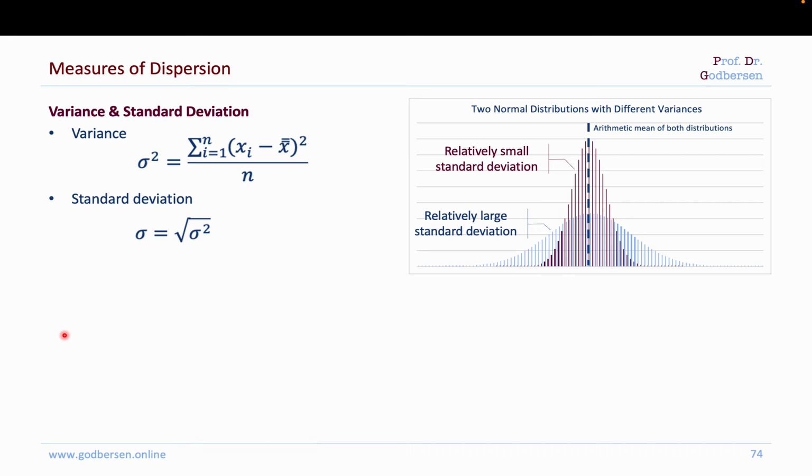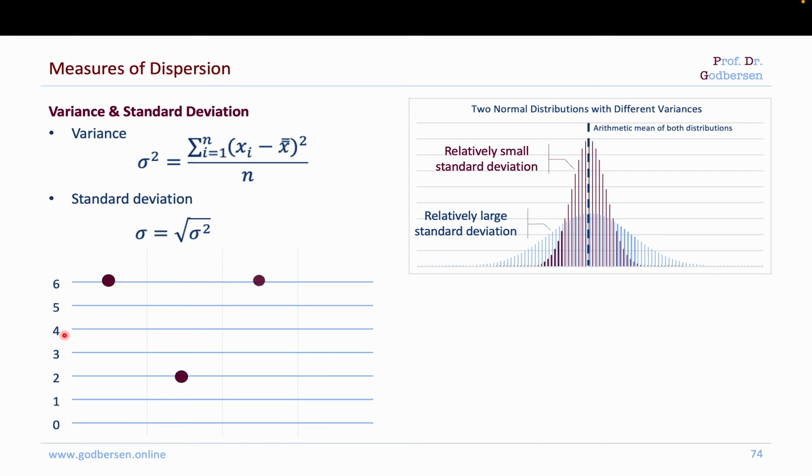Let me give you another example to explain the equation of the variance. And, as I said before, it is a good idea to understand this. You will get to the bottom, the deepest secrets of statistics, and they will become easy. So let's assume we have 4 participants and we have measured on whatever scale: participant 1 had a 6, participant 2 has a 2, participant 3 has a 6, and the 4th participant has a 2.